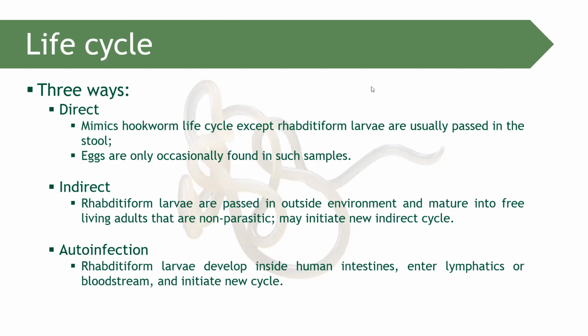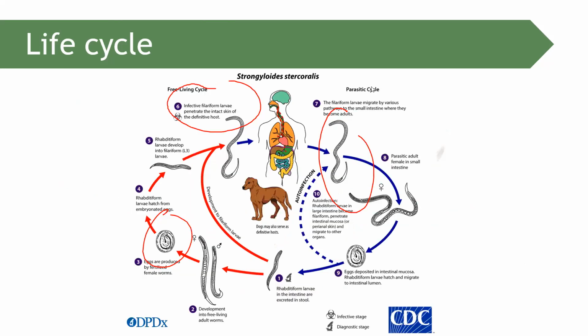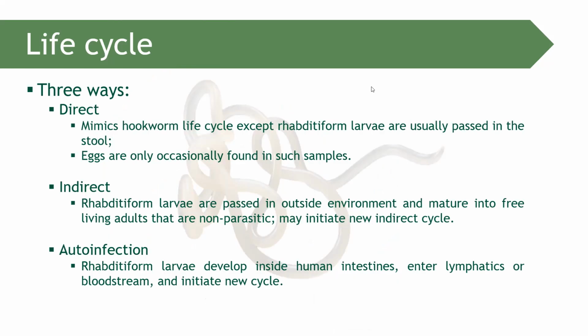Now, indirect. Indirect life cycle includes that Rhabditiform larvae are passed in the outside environment and mature into free-living adults that are non-parasitic. Ito yung indirect, sa labas ng tao. Okay? Or auto-reinfection. The rhabditiform larvae develop inside the human intestine. Yung egg, hindi mo agad natapas.